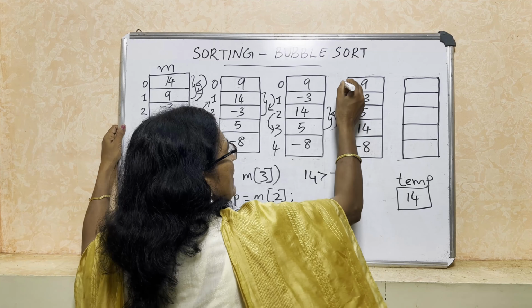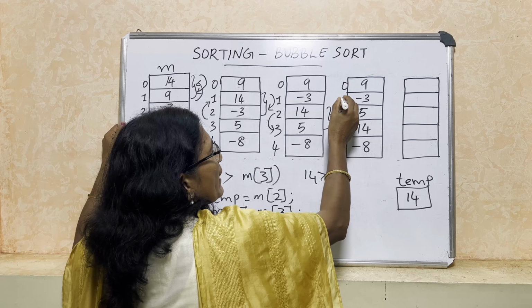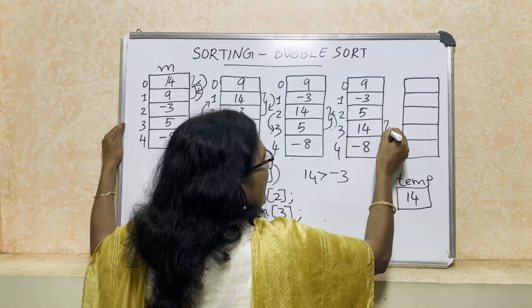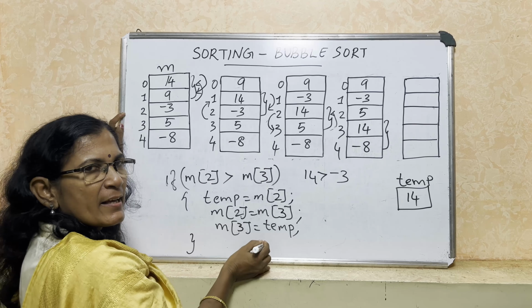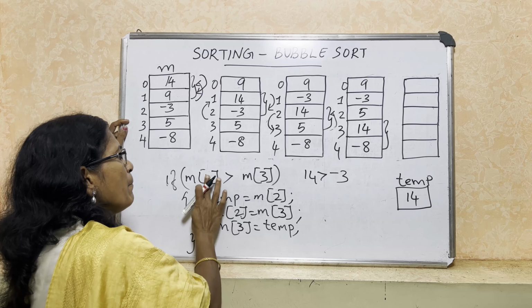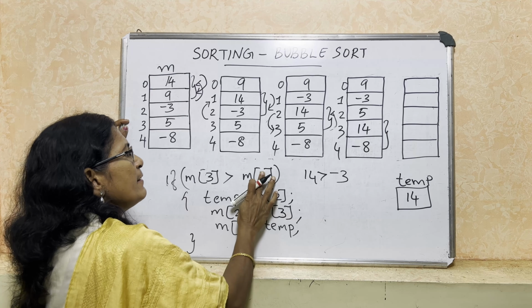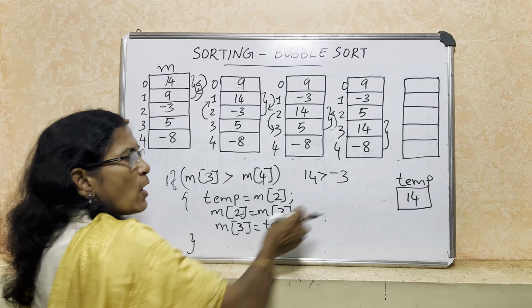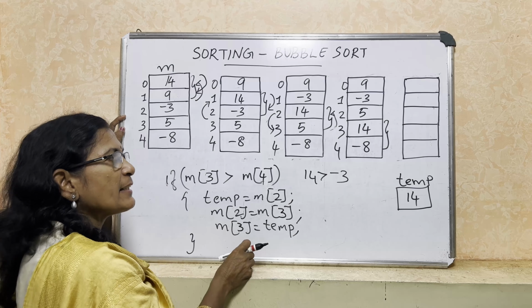Let's take the values at index number 3 and 4 and compare. Values at index number 3 and 4 are 14 and minus 8. M of 3 greater than M of 4. Two consecutive elements are accessed and compared.